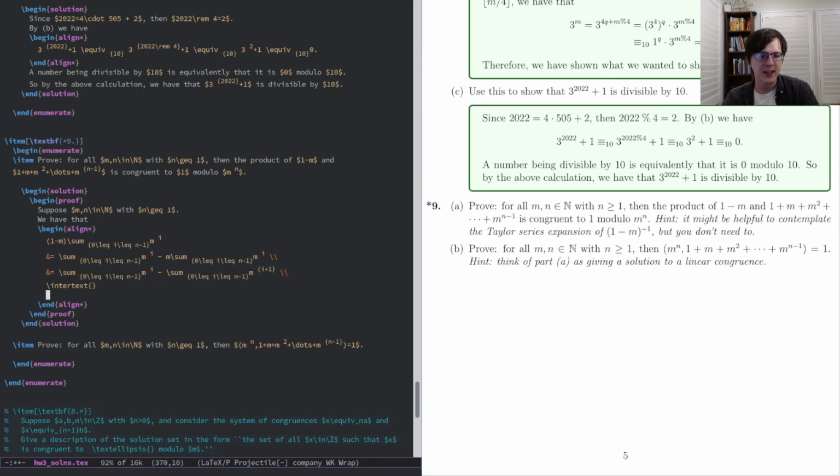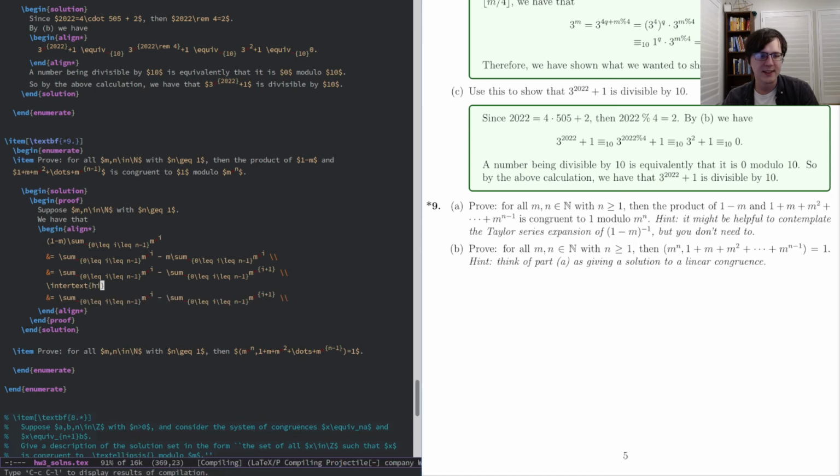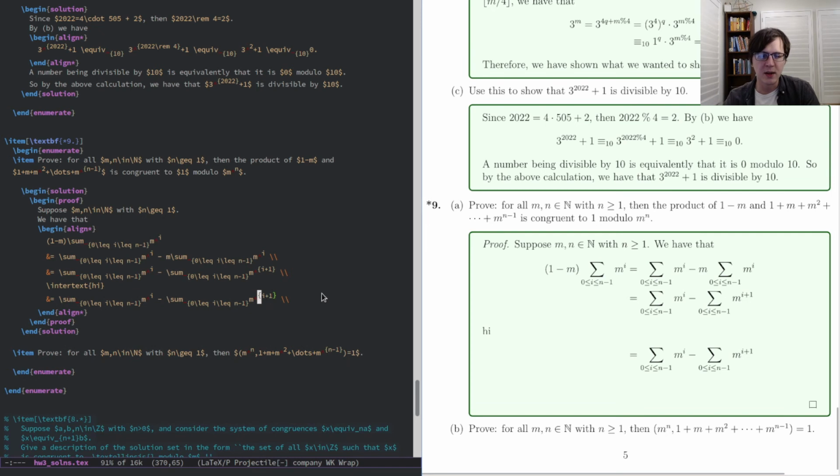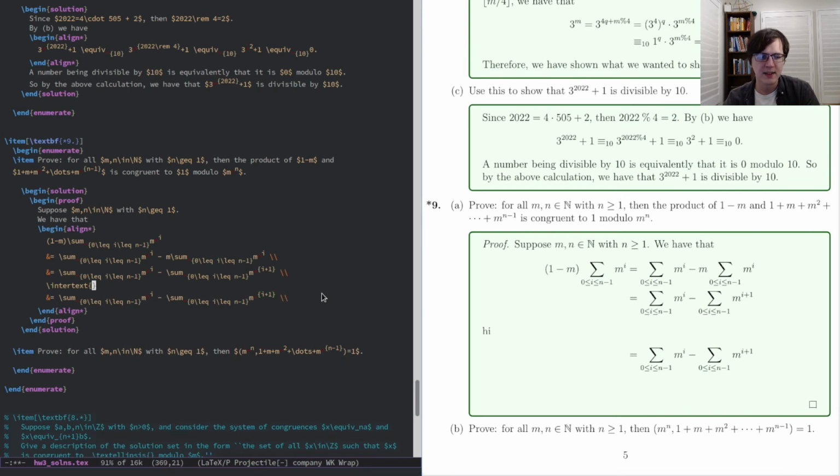So what we're trying to do is, let's see, does this render? Yeah, that's an intertext. I want to get these exponents comparable.